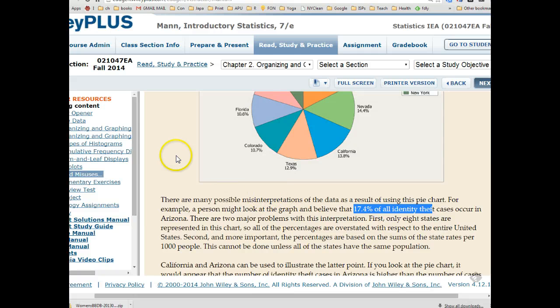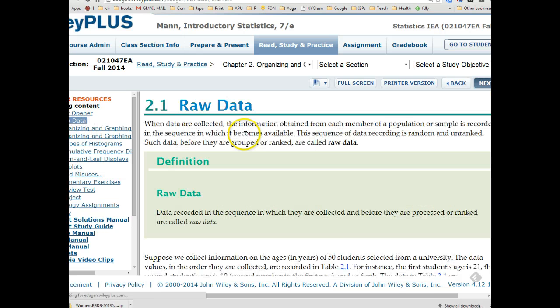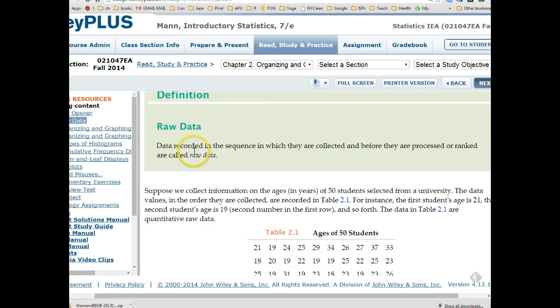Okay. Let's go back to the beginning of this. So raw data. So what is raw data? Data recorded in the sequence in which they are collected. So it's just, it's not ordered. You don't order it at all.